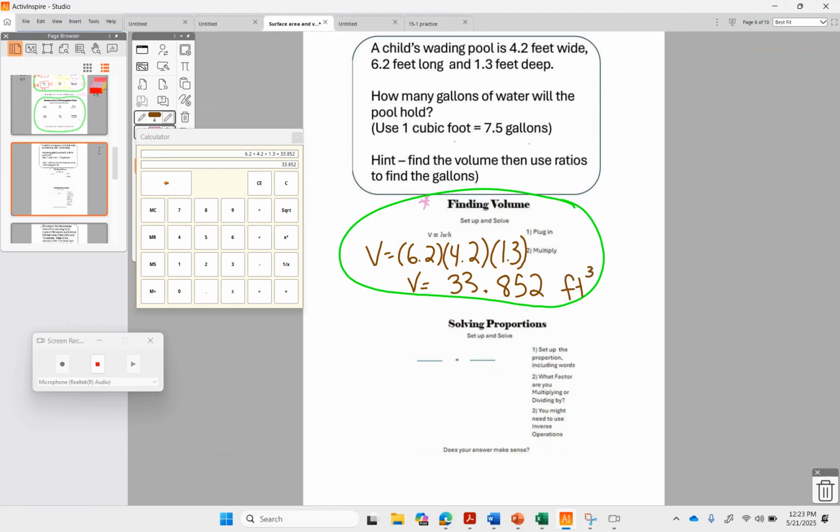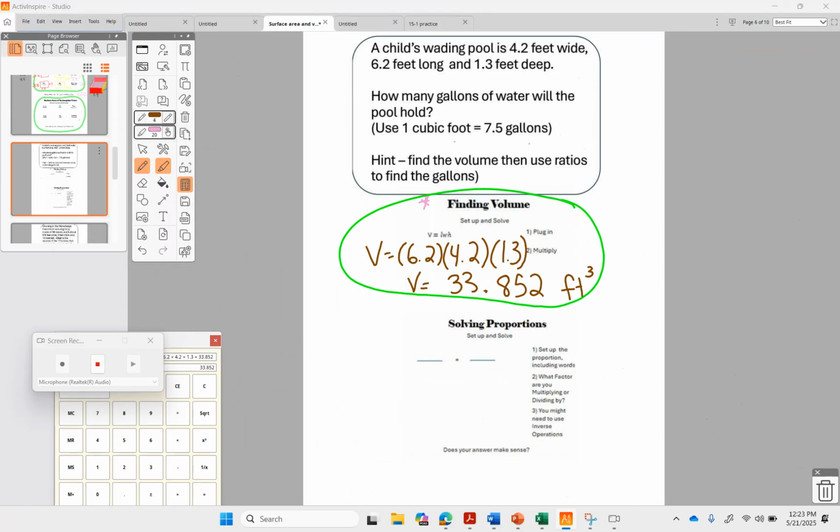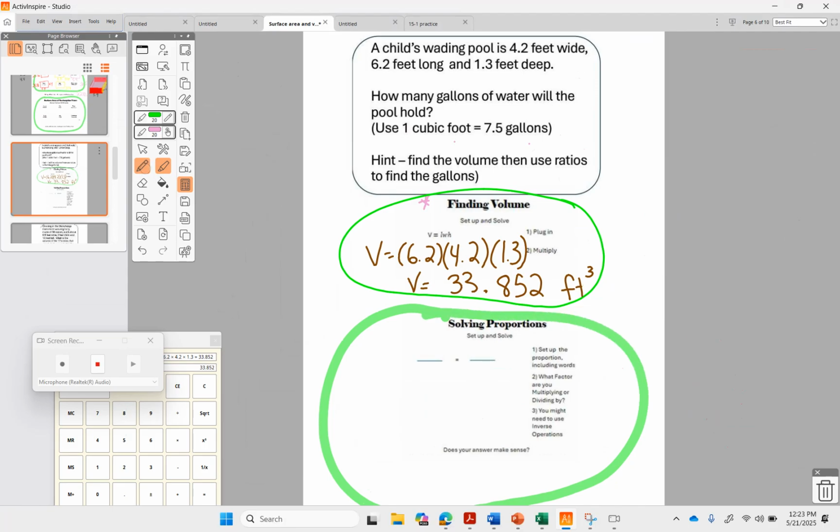But I need to solve it in gallons. So I then need to go get my other math mat. There is one for solving proportions. And they tell me in the problem that 1 cubic foot is equal to 7.5 gallons.